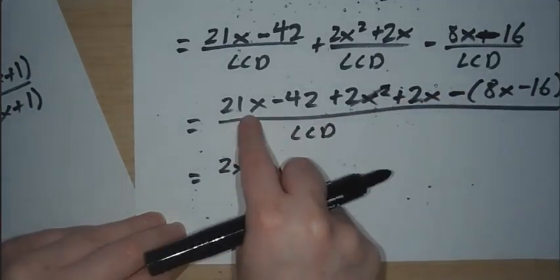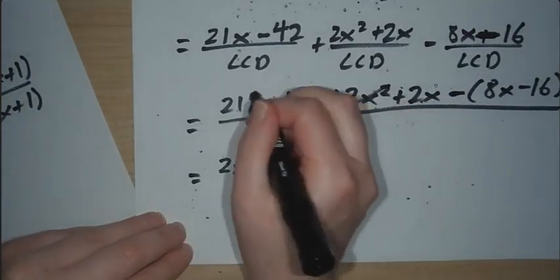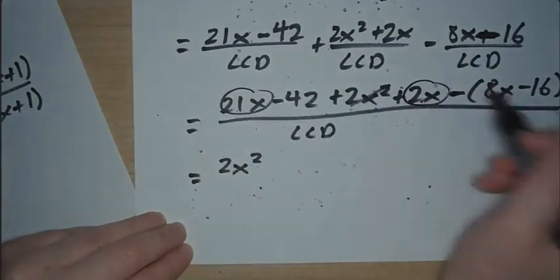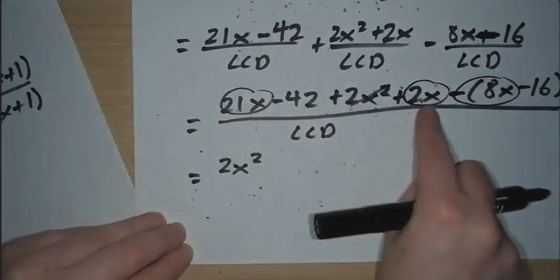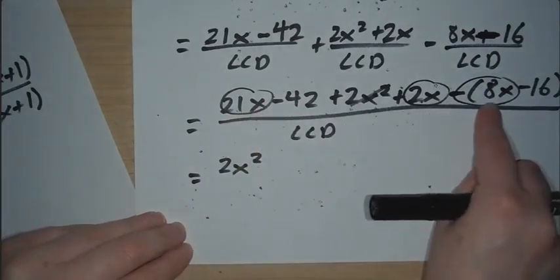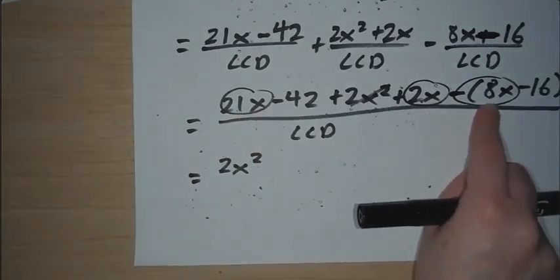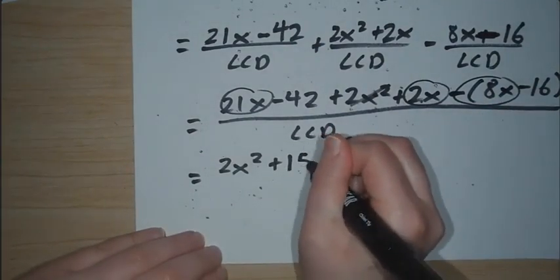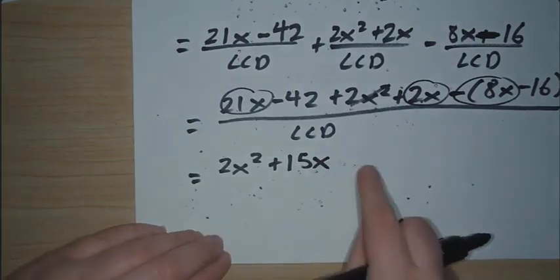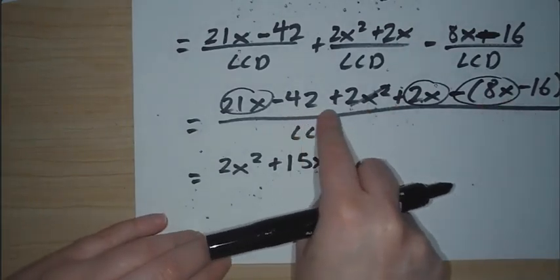So we've essentially simplified that. There are 3 terms with x. So 21x plus 2x minus 8x will be 15x. And then negative 42.